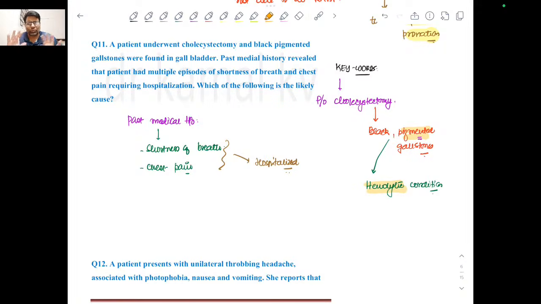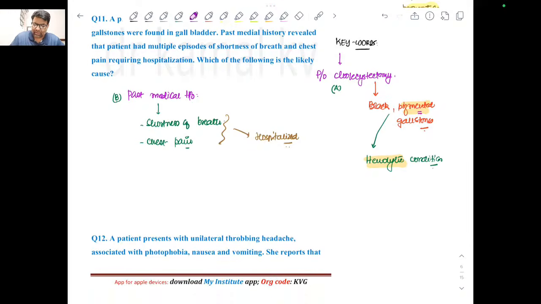So we have to think of some condition which is causing hemolysis, and this is part A of question, say this is part B. Now part B is actually telling us what is that actual hemolytic condition. So now what you can see here, there is shortness of breath and there is chest pain. Now these two facts relate to vaso-occlusive crisis. Vaso-occlusive crisis of which condition?